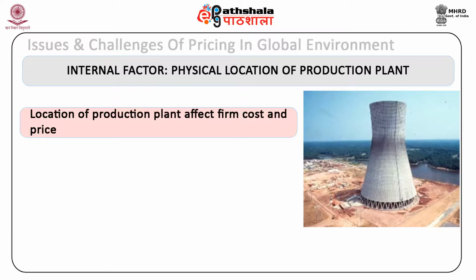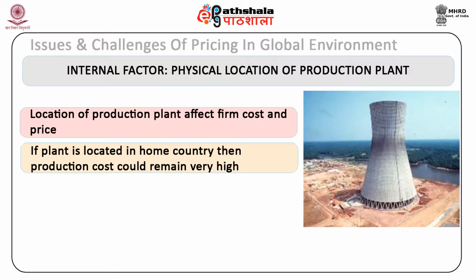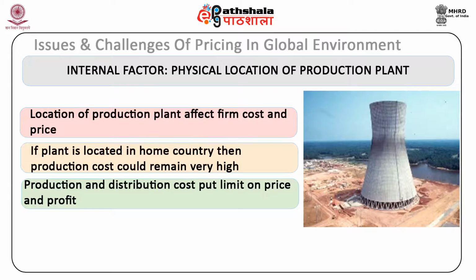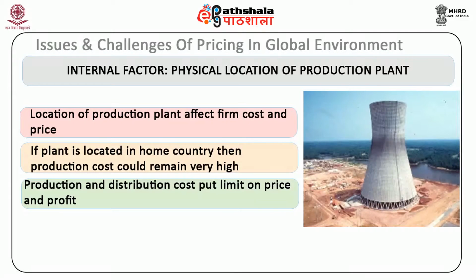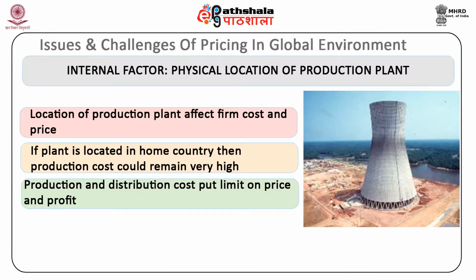If the firm decides to locate the manufacturing plant in the home country and only exports overseas, the production cost could remain very high. The production and distribution costs will put a limit on the minimum price of a product to sell in the foreign markets and generate profits.